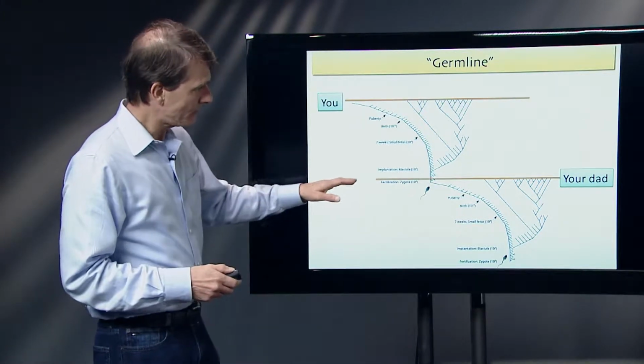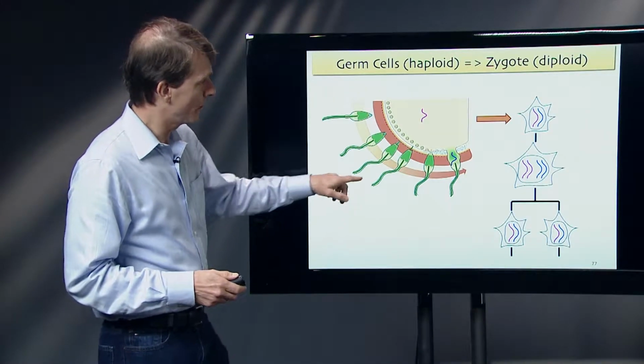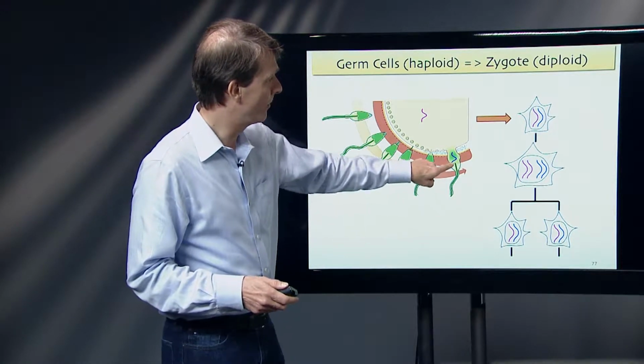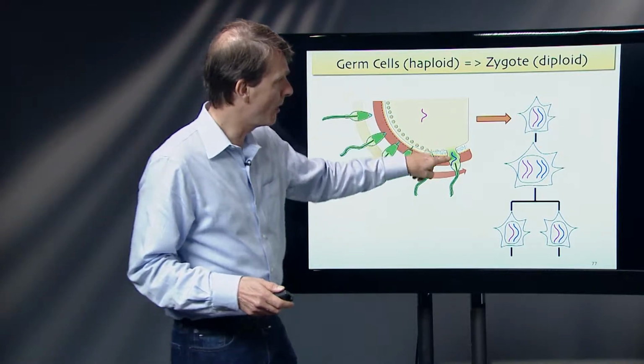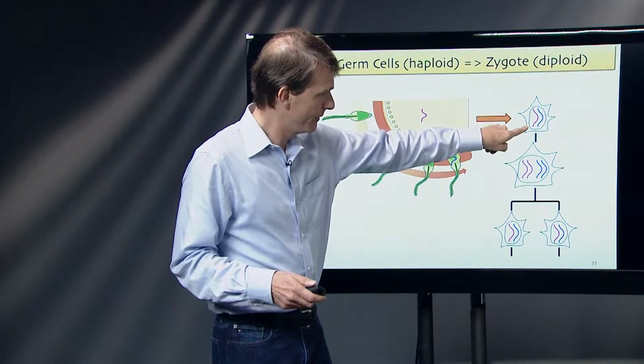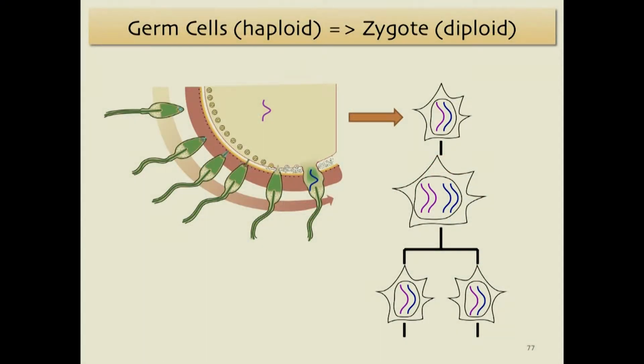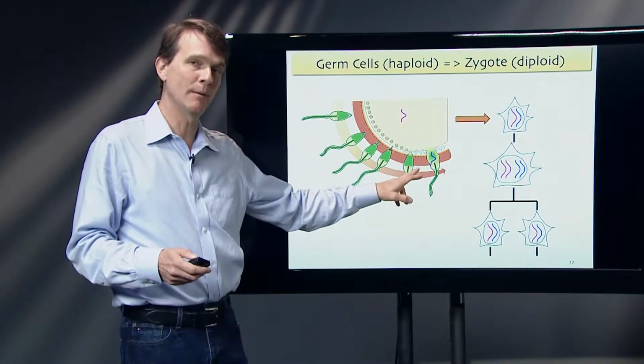So we're going to talk about how we're going from one genome from dad and one genome from mom to the diploid state, and then back to a single genome that gets transmitted. Okay, so this picture should be really quite obvious at this point. We are diploid, one genome from mom, one genome from dad, and that's how that happens.